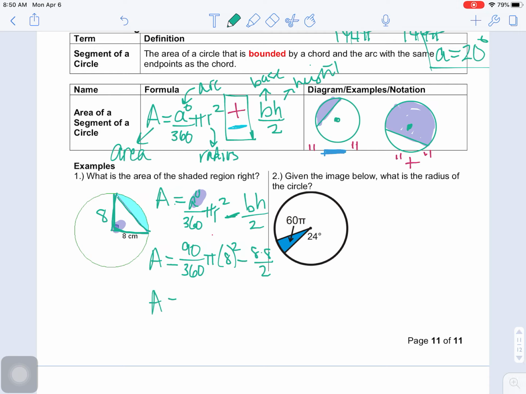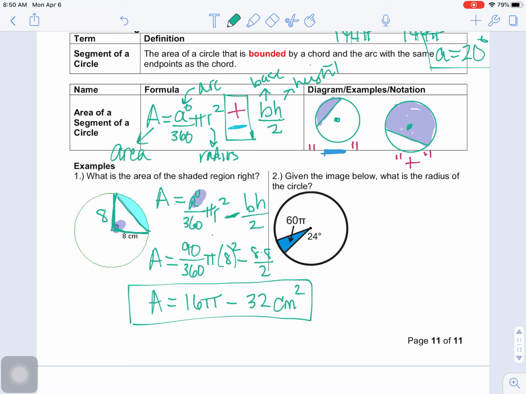I'm going to go ahead and do it: 16 pi minus 32, and then we're talking about centimeters squared. Go ahead and check these answers. Don't just copy it down, so that you have an idea of exactly what we're doing and how I'm getting those values.